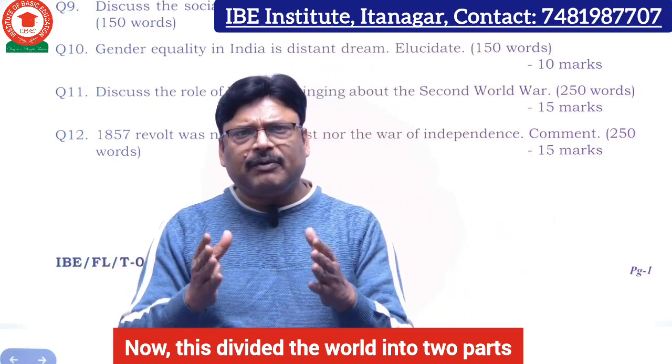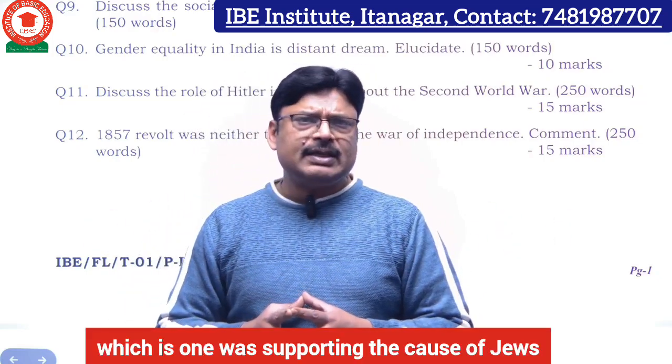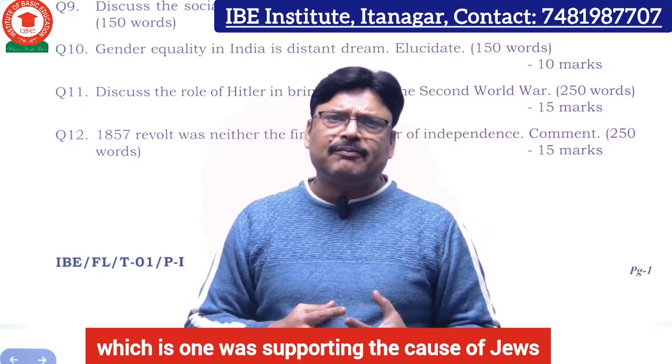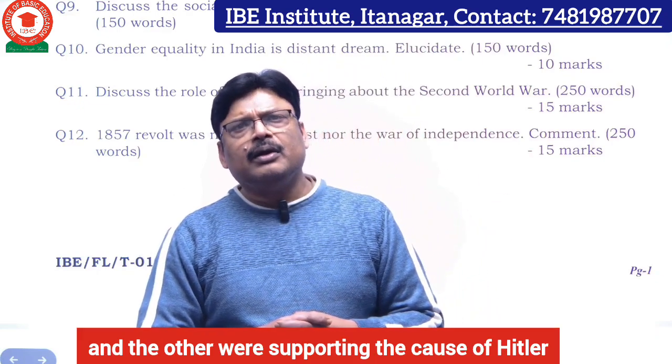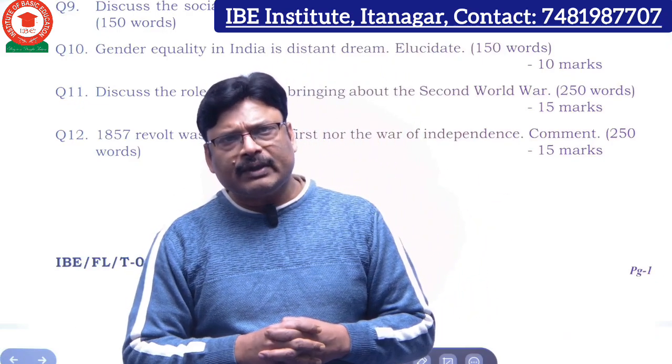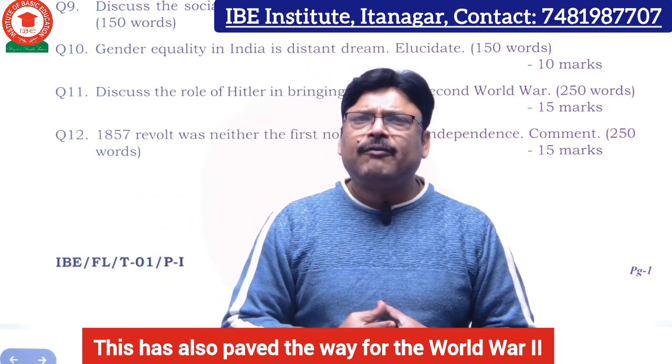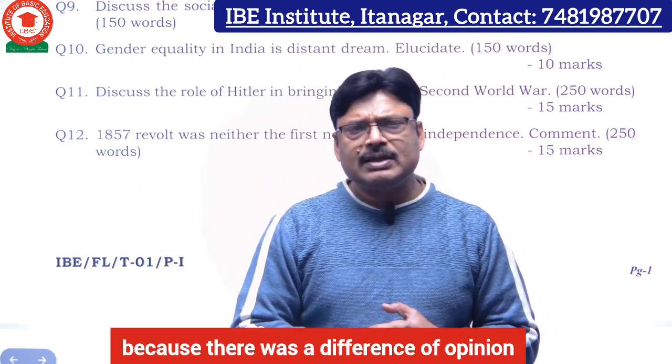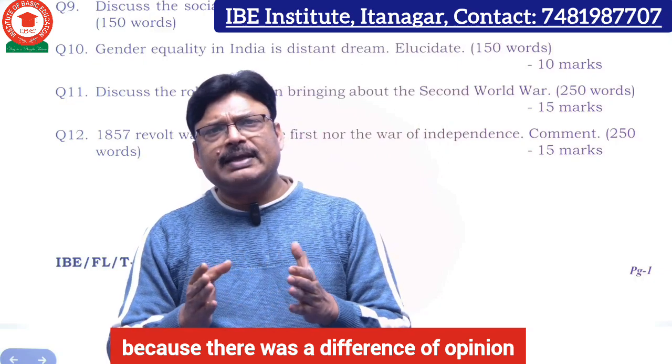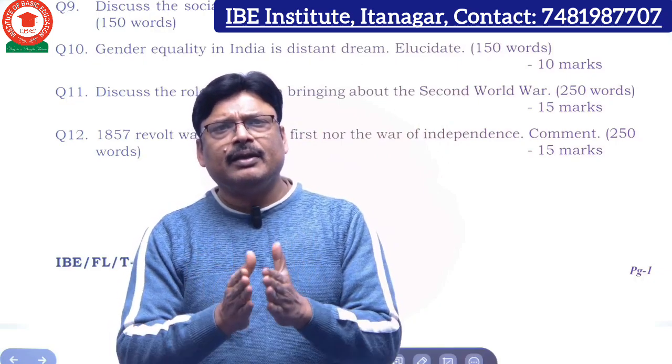This divided the world into two parts, one supporting the cause of Jews and the other supporting the cause of Hitler. This also paved the way for World War II because there was a difference of opinion between the world order.